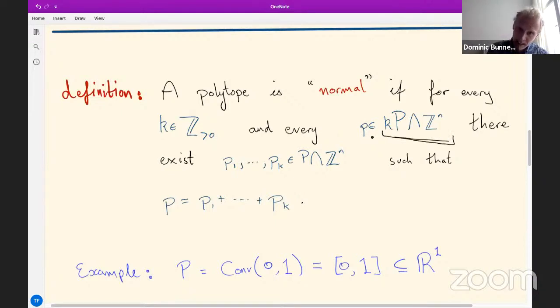Then for every lattice point p in KP, there have to be K lattice points in the original polytope such that p is equal to the sum of these K points. This is the definition of a normal polytope.